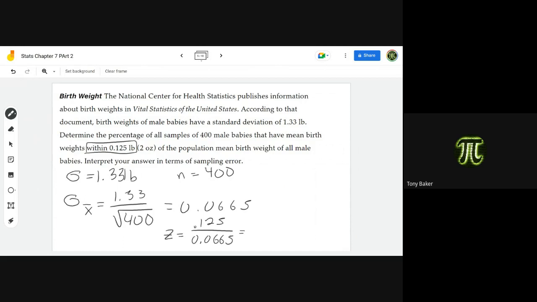And if they were nice, this should be 2. Yeah, close. So 1.88.